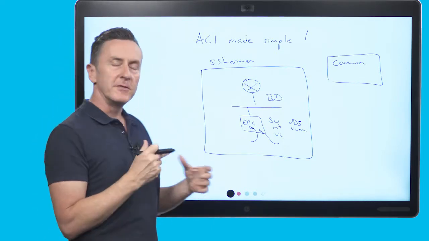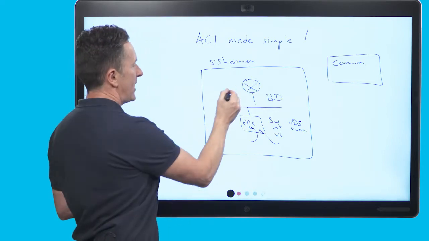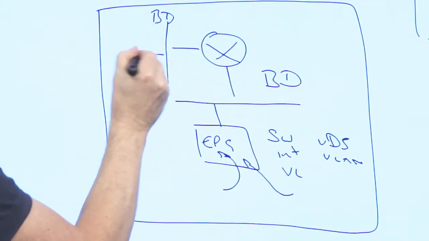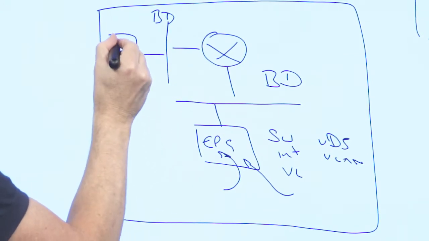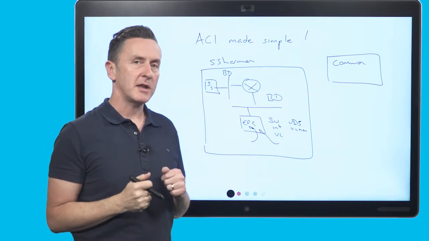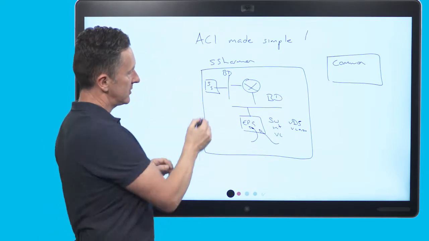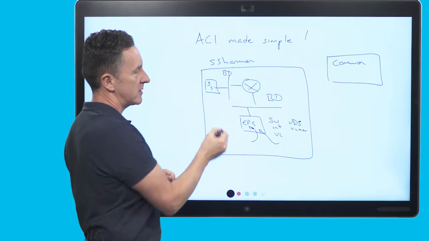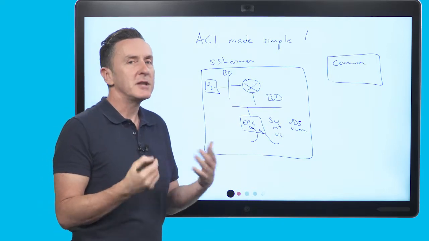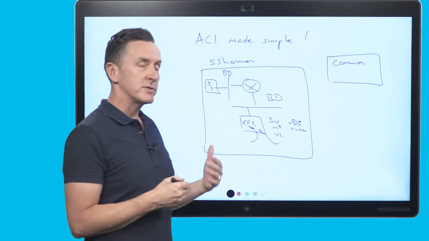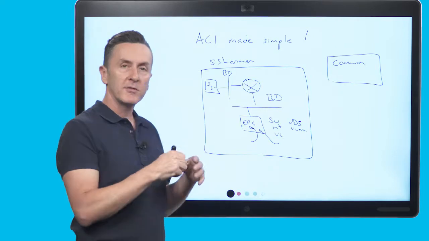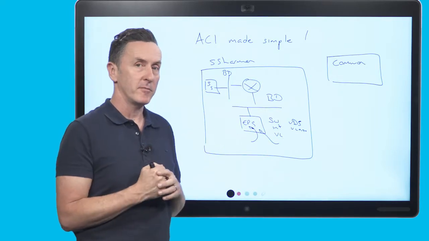And now, very different from a traditional network, if I add a second subnet, so a second bridge domain, and a second EPG, over here where my servers are sitting, by default, I can't communicate between these EPGs. So between this EPG here and this one, communication by default is not permitted. I have to explicitly say that I want to allow group 1 to talk to group 2, or optionally I could disable the security completely at the VRF level.